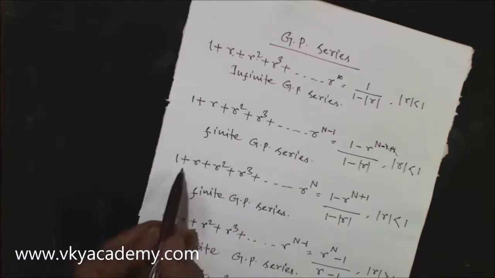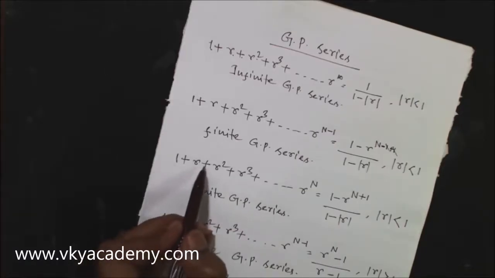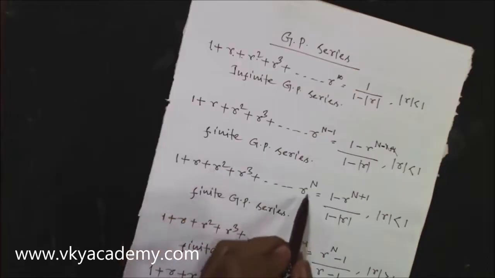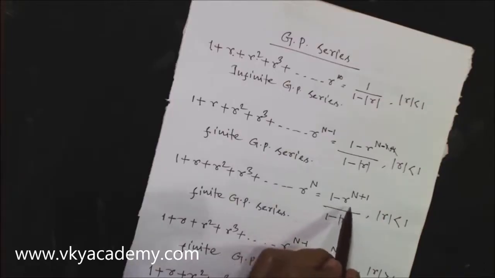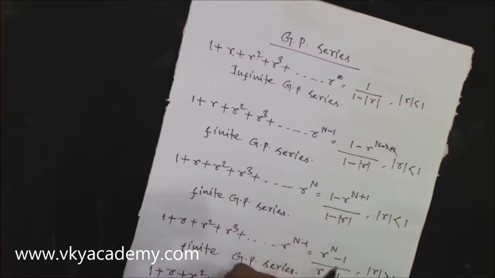The third one is r to the power 0, r to the power 1 plus r to the power 2 up to r to the power n. The maximum value is n, and the formula will be 1 minus r to the power n plus 1 by 1 minus r. Again, mod r is less than 1.